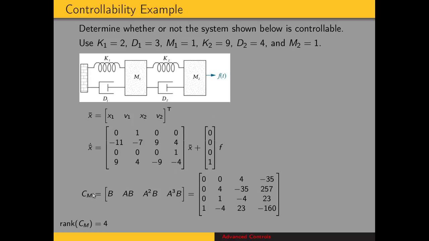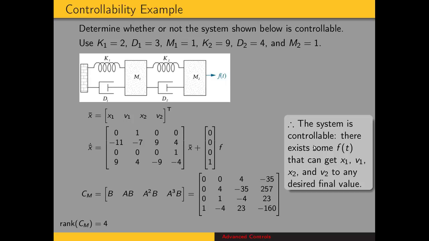So we end up with a controllability matrix, which is B, AB, A squared B, A cubed B, that has these values. The rank of this matrix is 4. Therefore, this system is controllable.